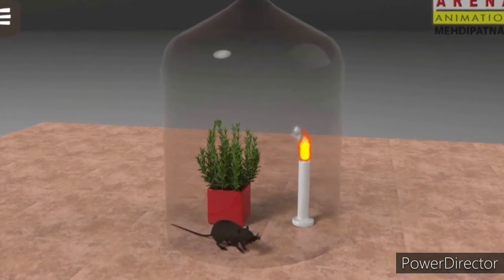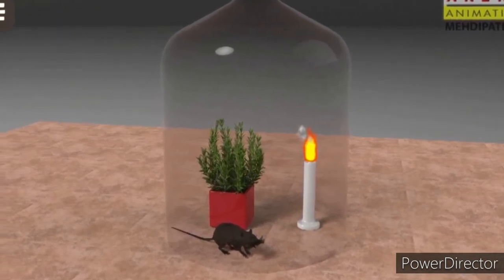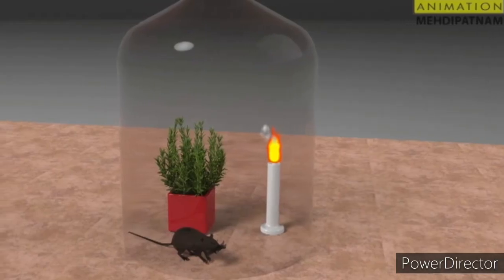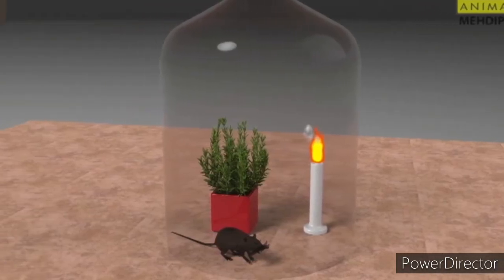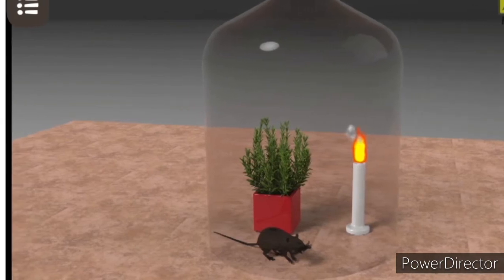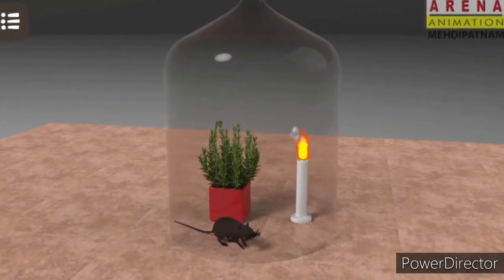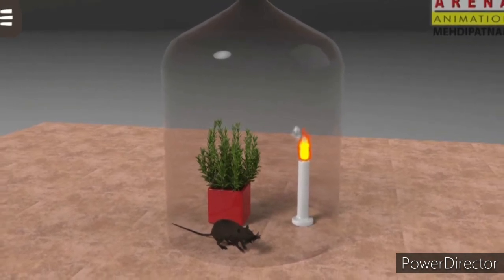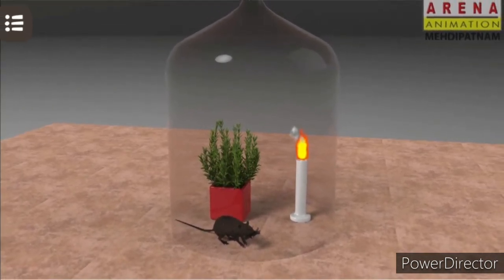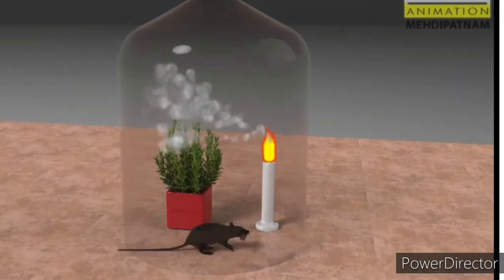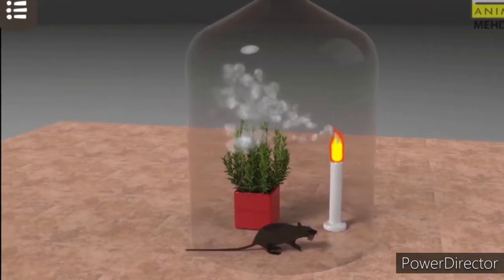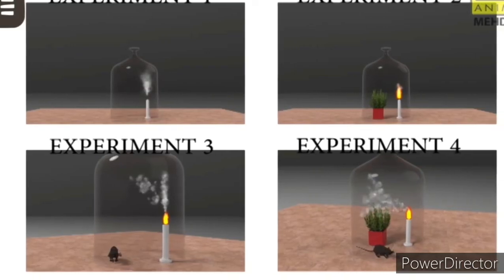Again he took a bell jar, lighted the candle, kept one mouse and the mint plant, and closed the bell jar. After some time he observed that the candle did not put off and the mouse was also alive, with no suffocation for the mouse. So everything was perfect.